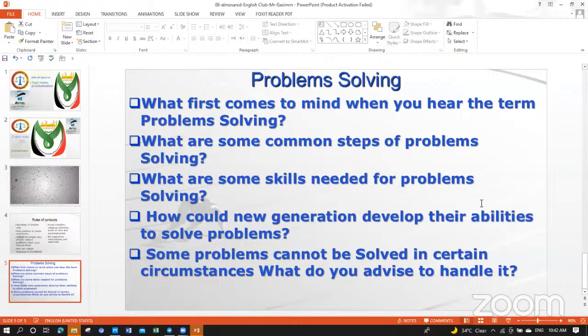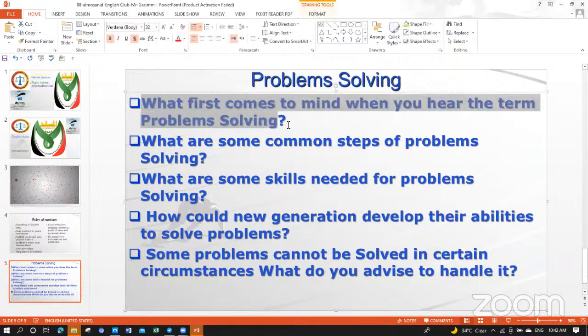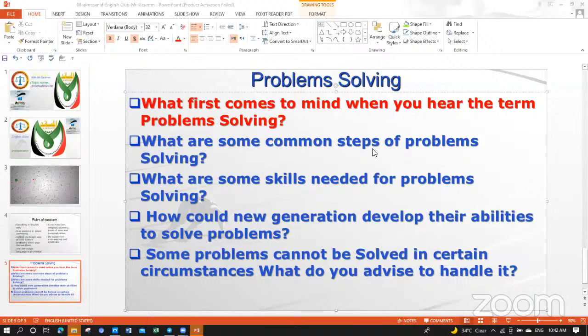So welcome to our class today. Our first question, as usual, is: what first comes to mind when you hear the term problem solving? So what do you think, guys? Anyone to break the ice?